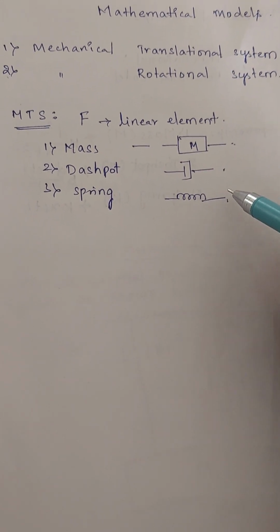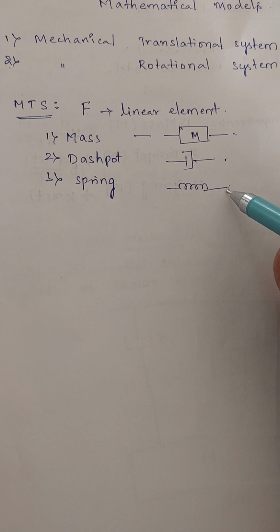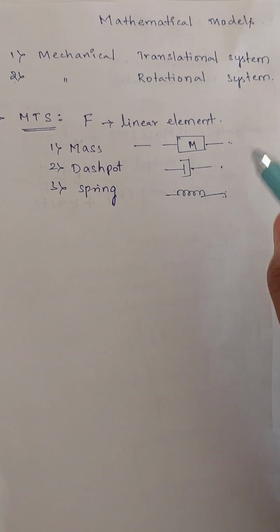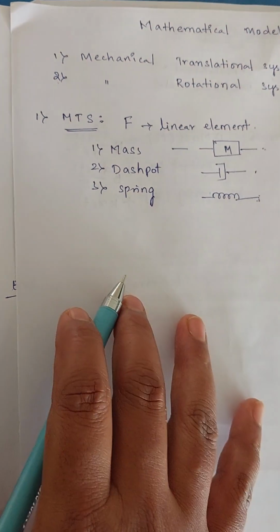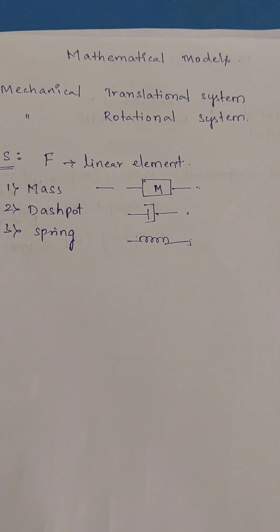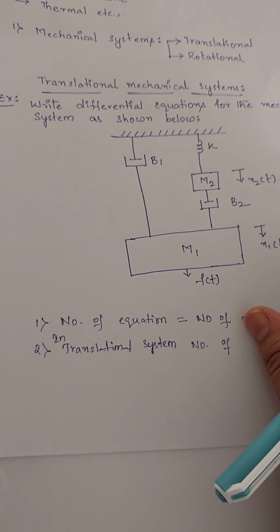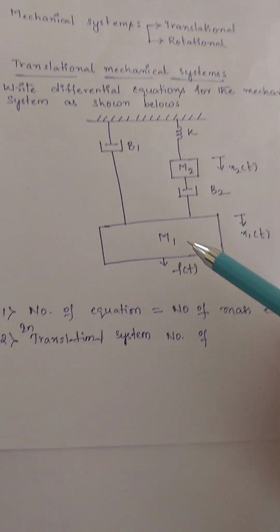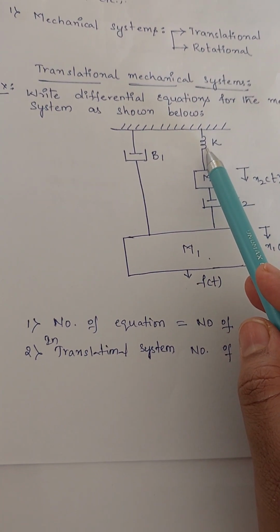Now that we have a pictorial representation of a mechanical system in the translational model, we are going to write the mathematical model for that type of system. Here we are going to take an example and discuss it. See here, this is a mechanical system. This represents the mass, this represents the dashpot, and this represents the spring, right?